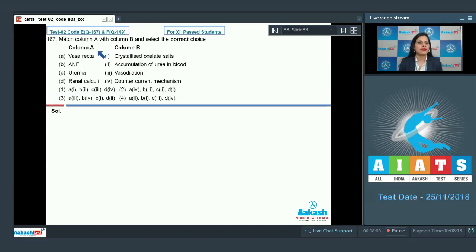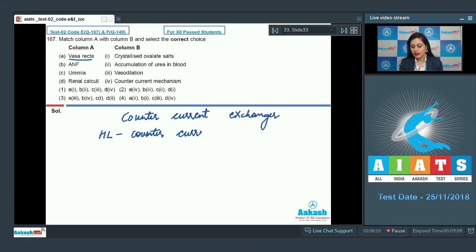Question number 167. Match column A with column B and select the correct choice. In column A, the very first option given is vasa recta. This vasa recta acts as counter current exchanger, whereas loop of Henle acts as counter current multiplier.